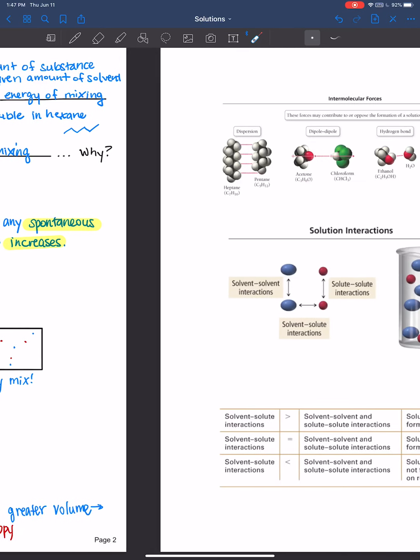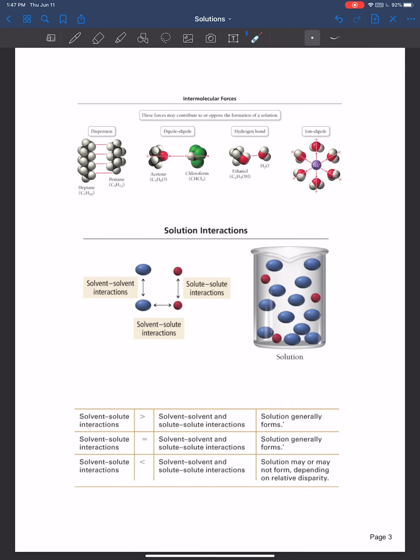All right. Now, the purpose of our conversation here is less to focus on gases, but more to focus on liquids and solids. And remember that liquids and solids are condensed states.